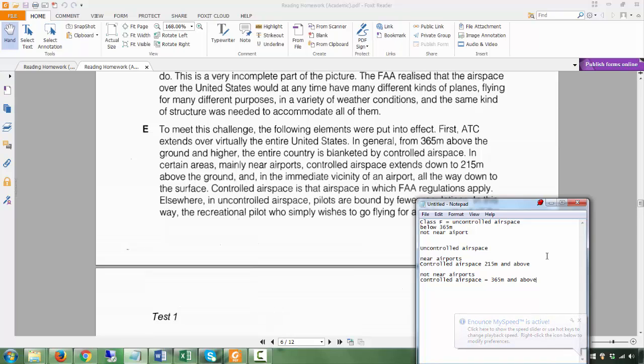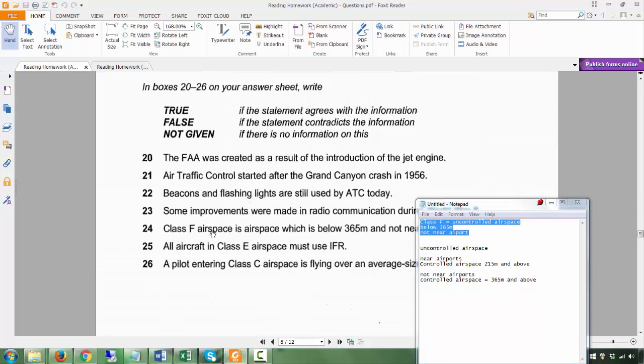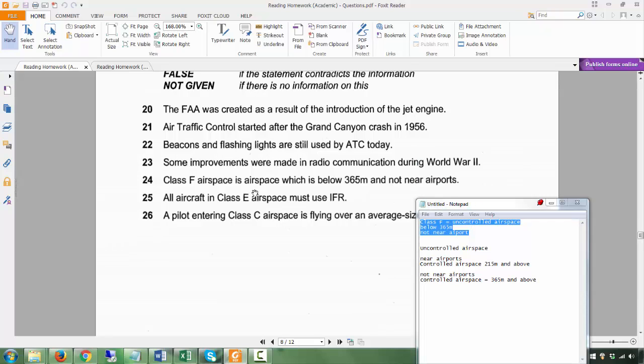Okay? So what happens? This is not near airport. So here we're talking about this. So let's go back to the question. Class F airspace, which is uncontrolled airspace, is airspace which is below 365 and not near. So 365 meters and above is controlled.